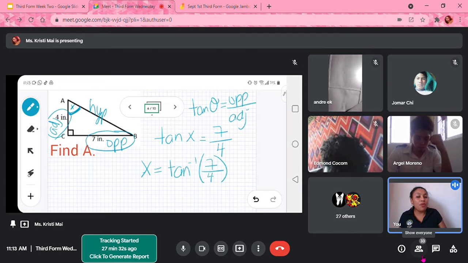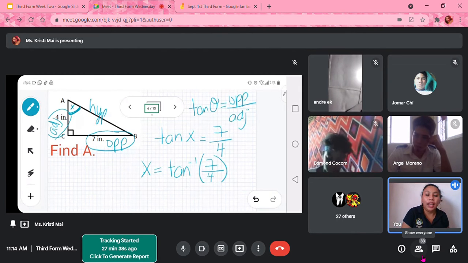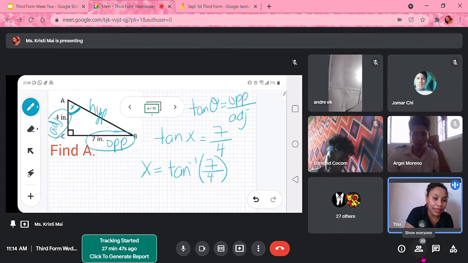If I wanted to remove the sine, I would put sine of -1. If I wanted to remove the cosine, I would put cosine of -1. In this specific question, I want to remove tangent. So I will put tangent -1, arc tan.